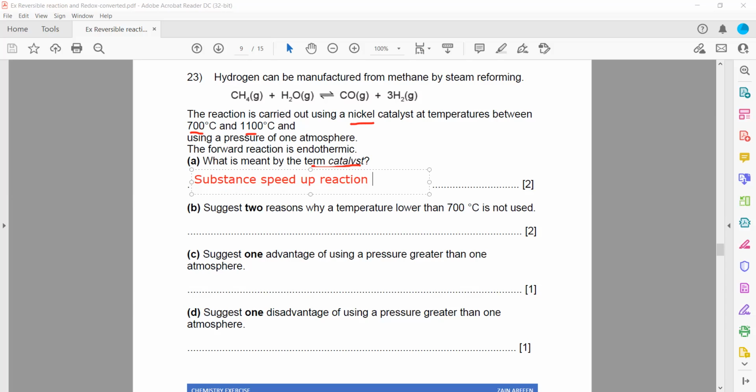That is 1 mark, and without being chemically used up, or chemically unchanged, that will give you the second mark. Like before the experiment and after the experiment, the mass or amount of the catalyst won't change. That's the meaning of not chemically used up.